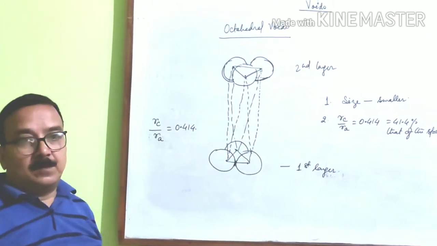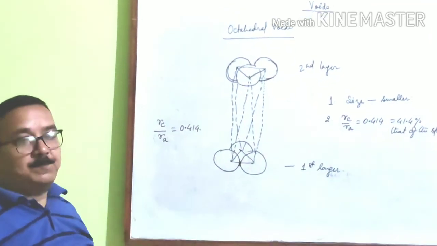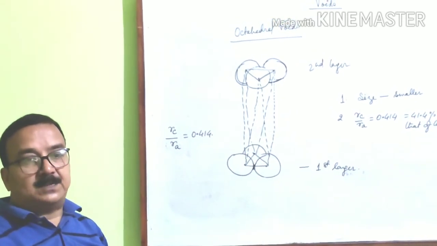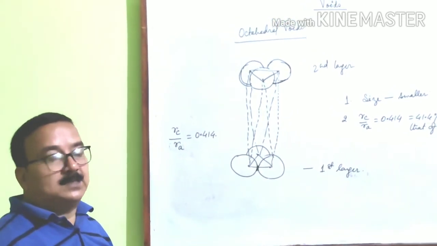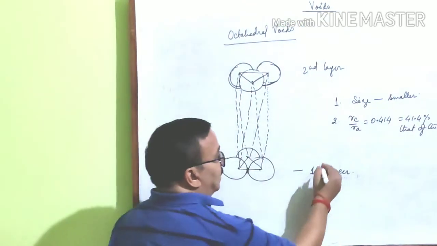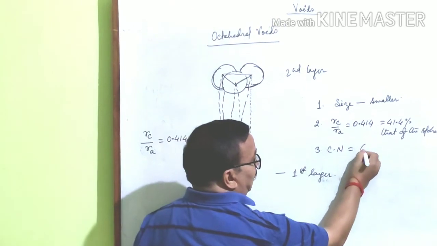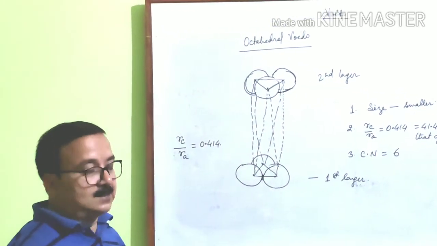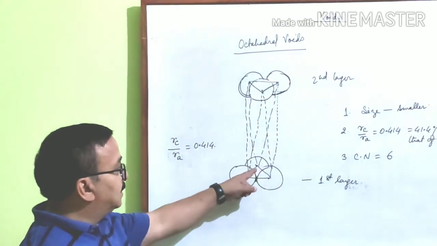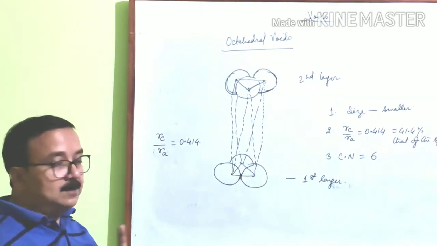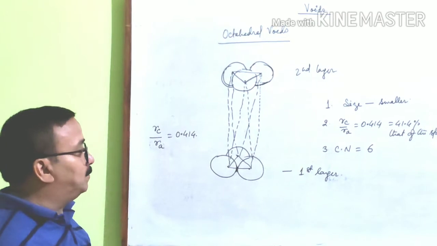Number 3, coordination number of an octahedral void. How is it formed? When 6 spheres are in contact with each other, then the coordination number of the octahedral void will always be 6. The condition is that the apex of the triangle must be opposite, then only an octahedral void is formed.